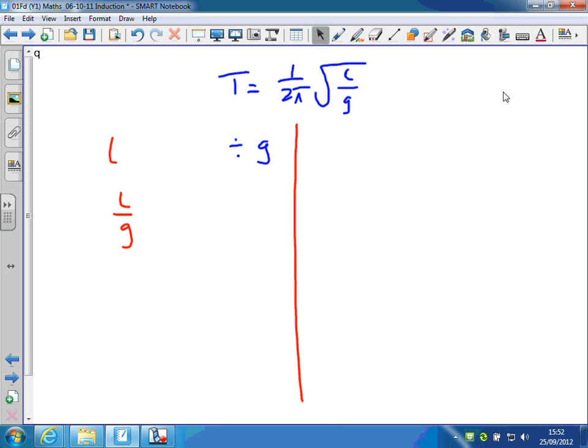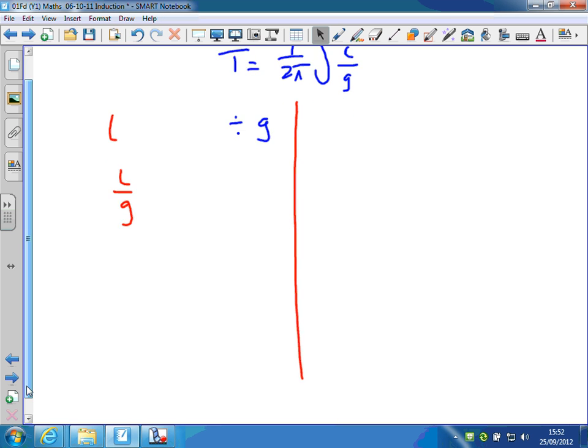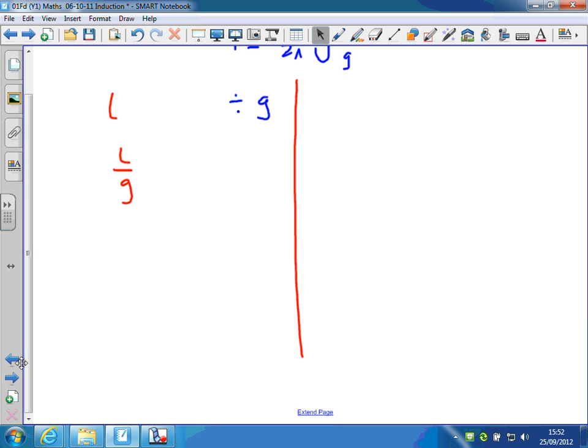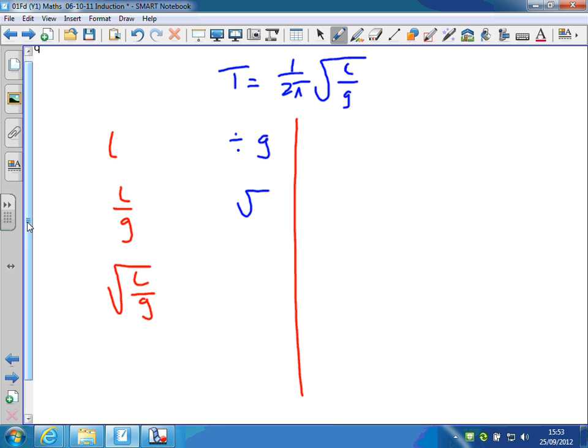And then I want to end up with this right-hand side, Denzel. So divided by g, and then I square root. Square root to get the square root of L over g. And then finally, I divide by 2 pi.